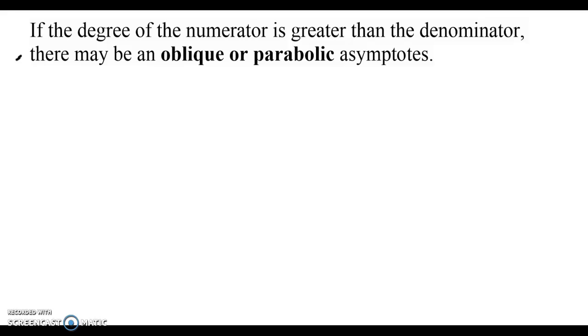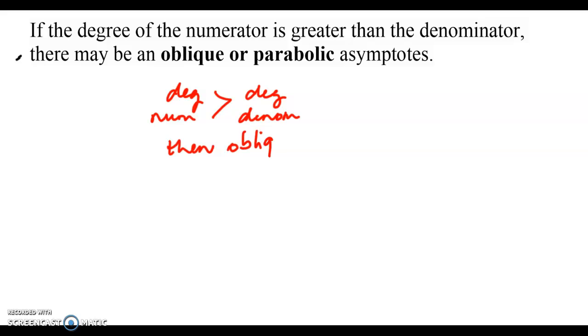We have this case then: if the degree of the numerator is greater than the degree of the denominator, so this is the new part, then there might be an oblique, which means slanted line, or parabolic asymptote, or there could be 2 horizontal asymptotes.